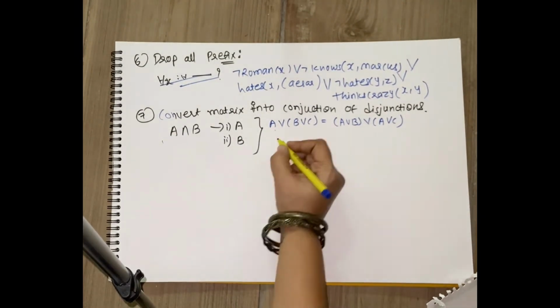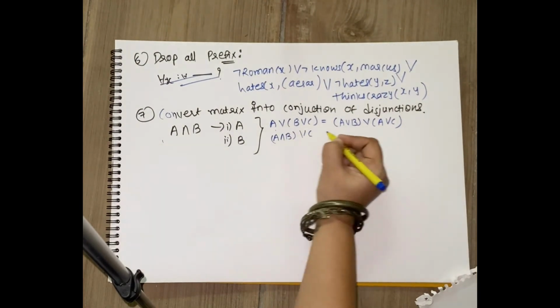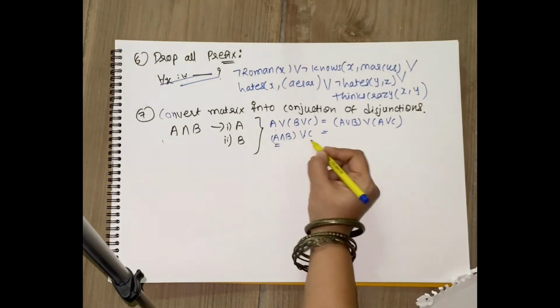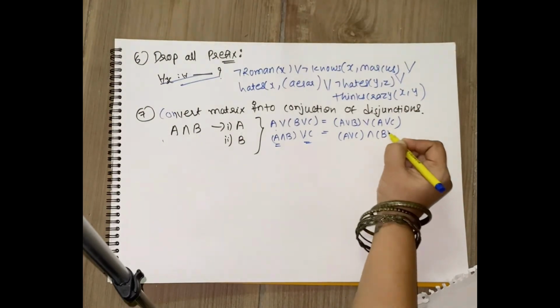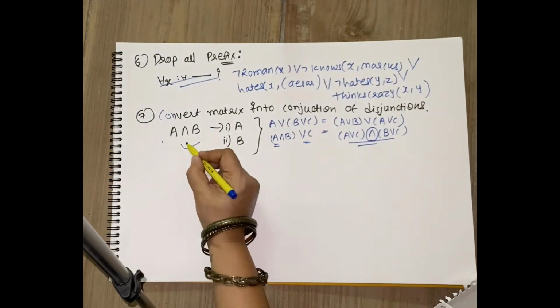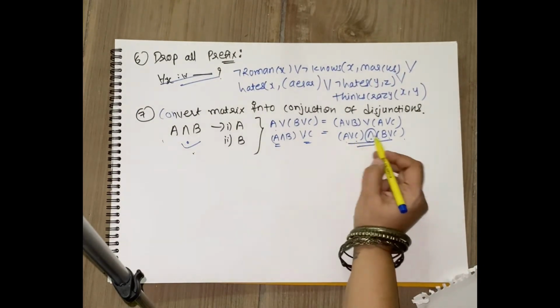Now, if you have something like A and B, and that is ORed with C, this should be converted as: first of all, A will be ORed with C, so A or C, and B or C. Now see, there is an AND between them. Like we did over here, whenever you have an AND between two predicates, you have to separate them.